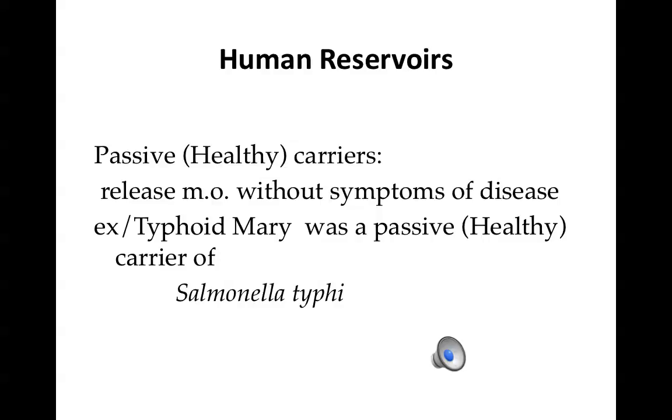She released Salmonella typhi from her digestive tract on a continual basis, and as such, when she wasn't careful or wasn't aware of how she was maintaining her proper hygiene, she was able to transfer Salmonella typhi as a cook to many of her employers' family members. So, a passive healthy carrier is someone who's not sick, but is releasing pathogenic microorganisms from someplace in or on their body. That's a passive reservoir, or a healthy reservoir.